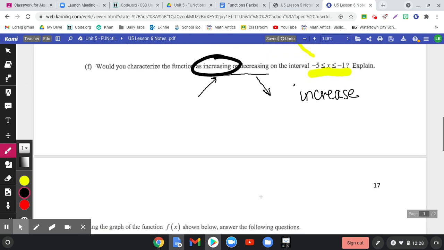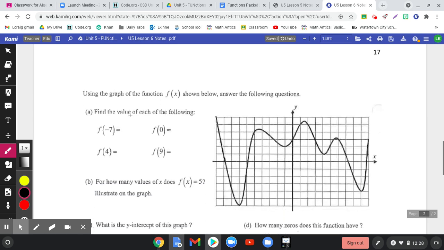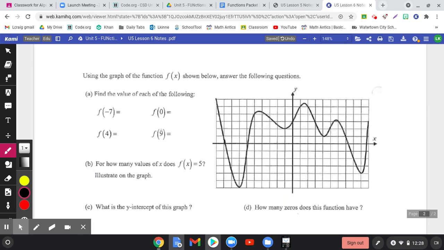Okay, let's look at one more example on page 17. Remember, function notation, if you see this, it's the same as writing the point x, y. This right here, -7 in the parentheses, is -7, comma, something.